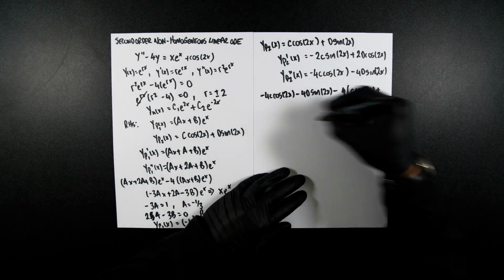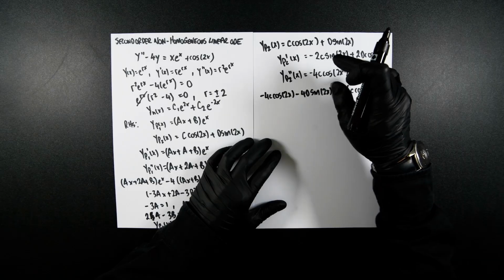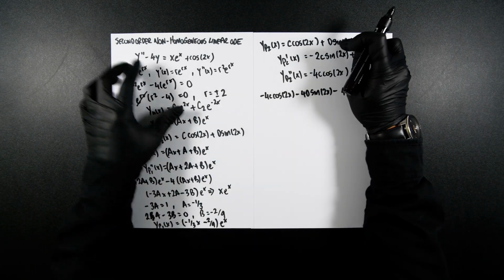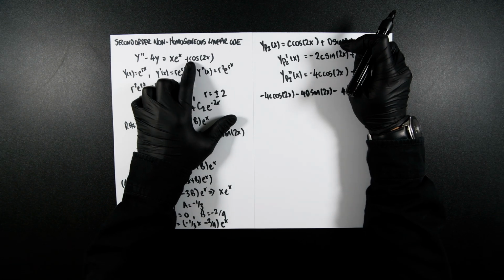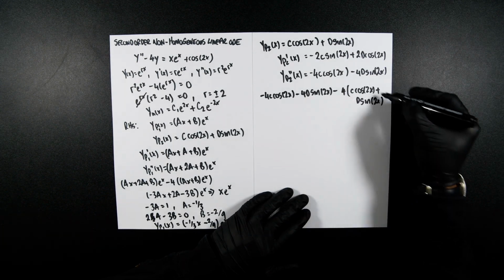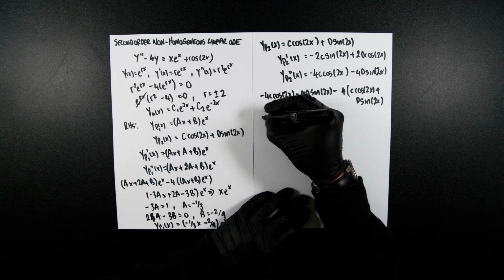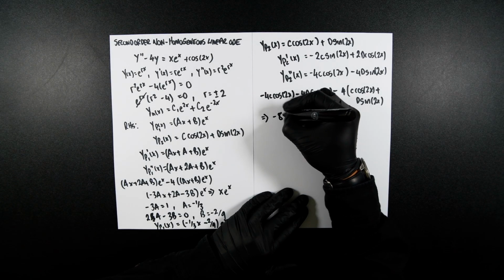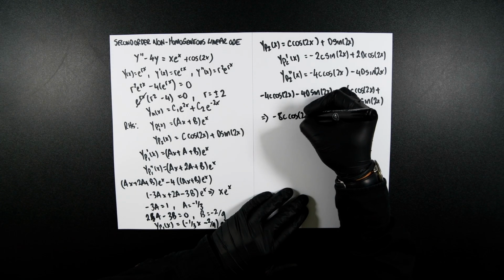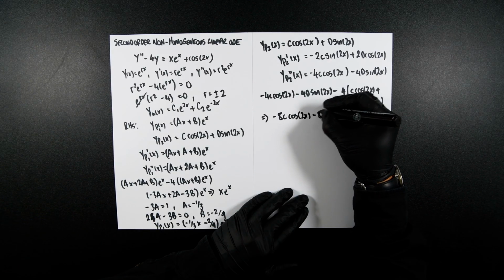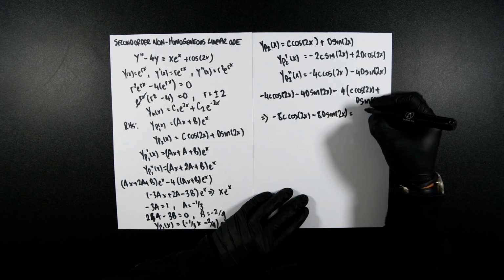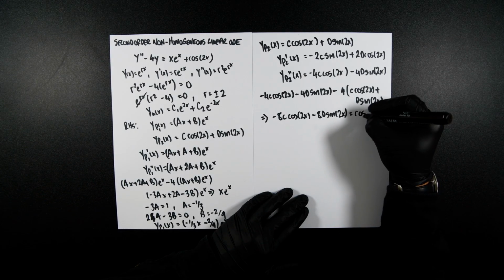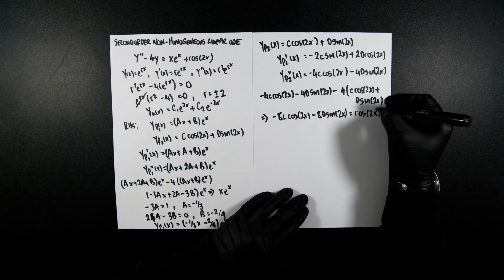I've plugged those into here and here, and it is going to be equal to just cos 2x. So I'm going to simplify this all up, so that's going to become minus 8c cos 2x minus 8d sine 2x, which equals the right hand side, which is cos 2x.